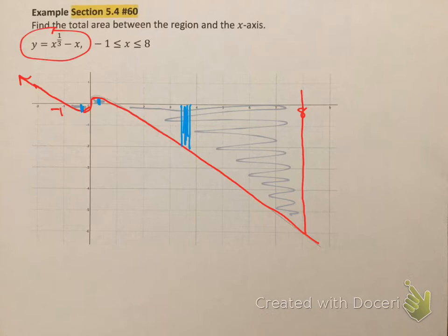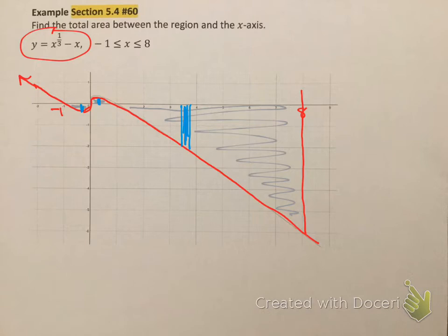Remember, the idea when we were doing our conceptual definition of an integral is we were putting in more and more and more of these rectangles, and they were getting skinnier and skinnier in width as we put more and more of them in there. And we learned that if we used an integral from our boundaries, we could find the area under a curve.